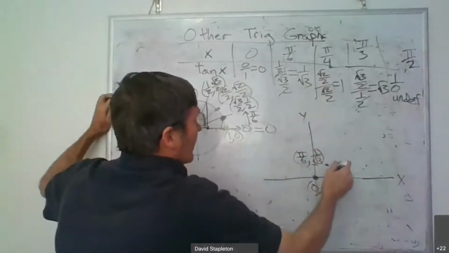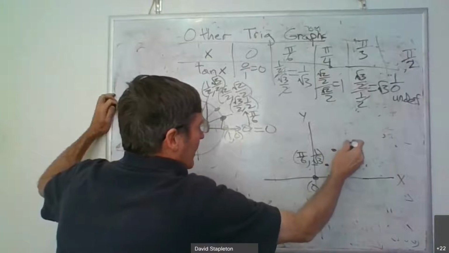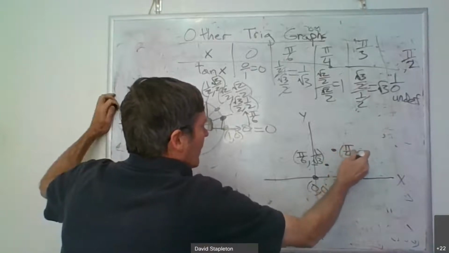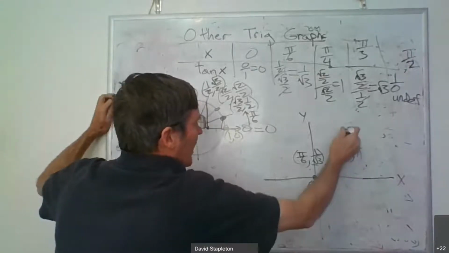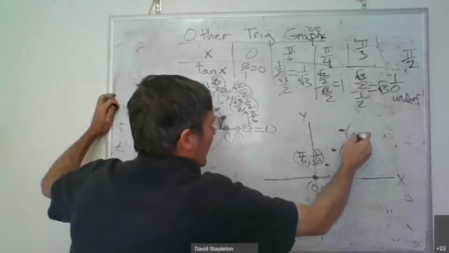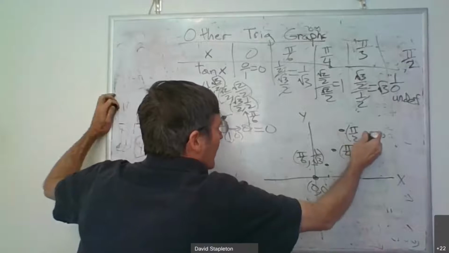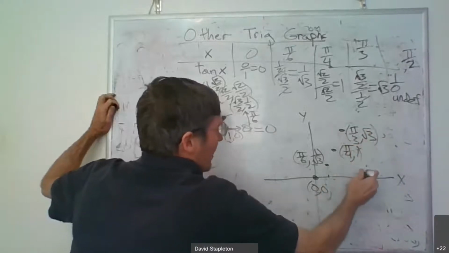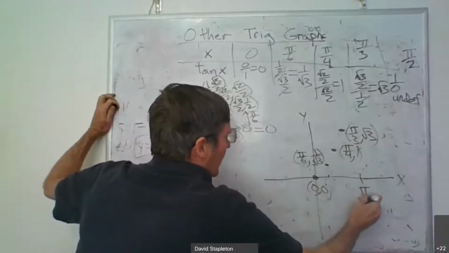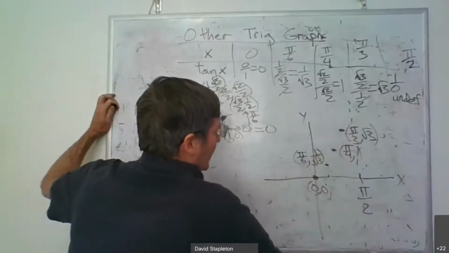Then at pi over 4, y is equal to 1. So it's here. Then at pi over 3, it's got the value square root of 3, which is about 1.7. So pi over 3, or root 3, is a point on here. And at pi over 2, there's no value. I'm just going to draw this vertical line here.